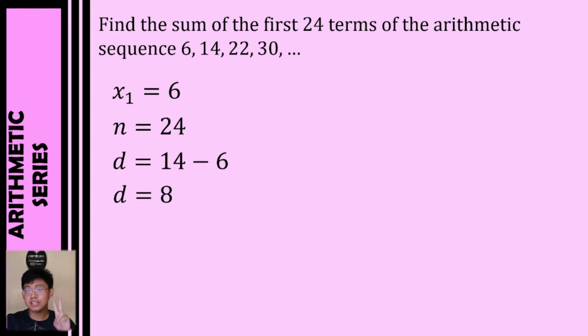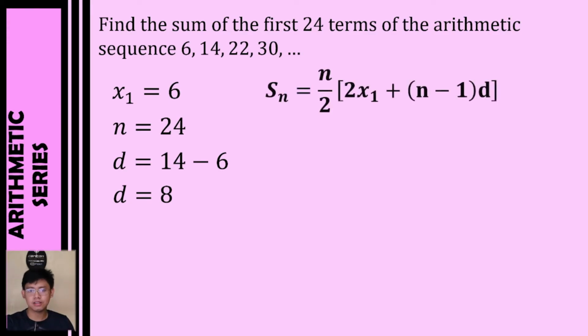So we will use the second formula for the sum of the arithmetic series, which is S sub n is equal to n over 2 times the quantity 2 times x sub 1 plus the quantity n minus 1 times d. That is our second formula, if the last term is not given in the sequence.